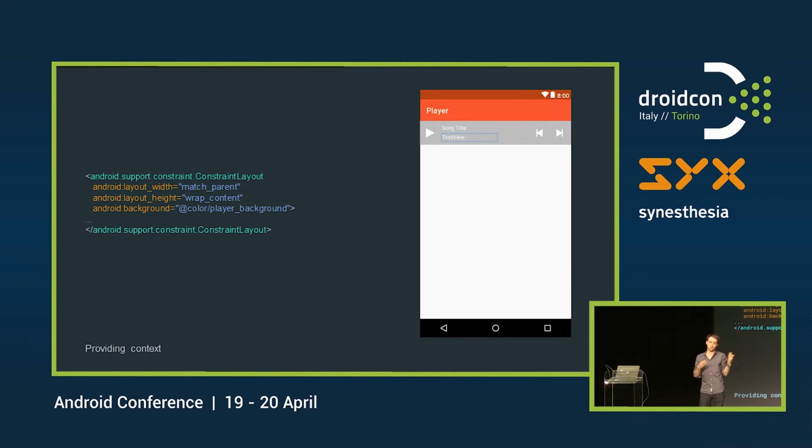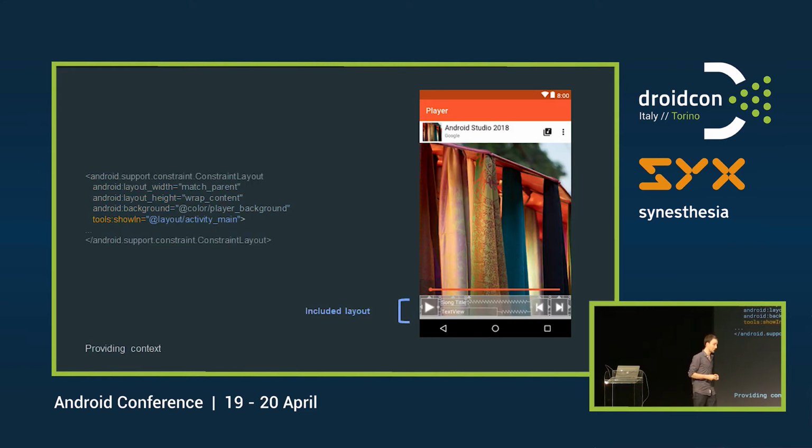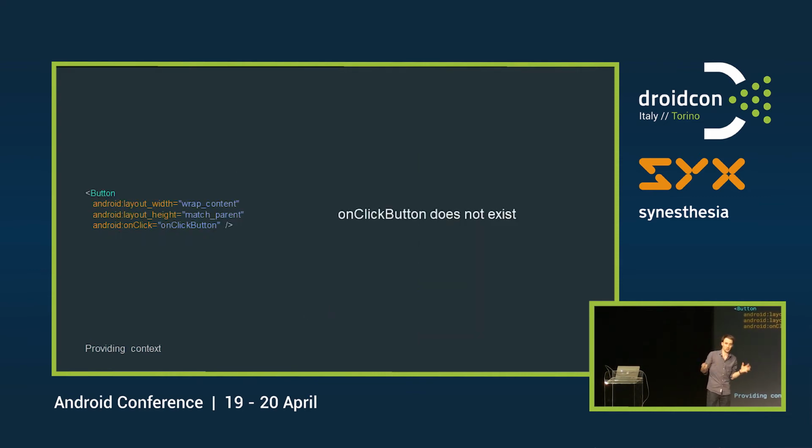The way to show this control in the context of where it is actually used is to add the show in tools attribute that refers to the layout where this layout is used. So now we have a full context of it, and it's quite nicer. And for those of you who really prefer using XML, there are some other context attributes that you can add.